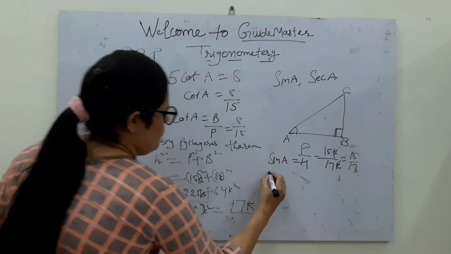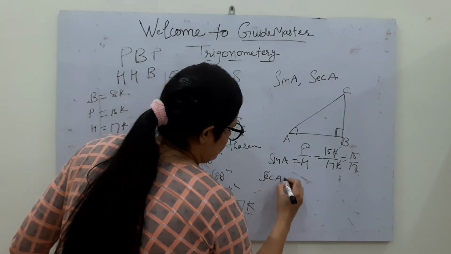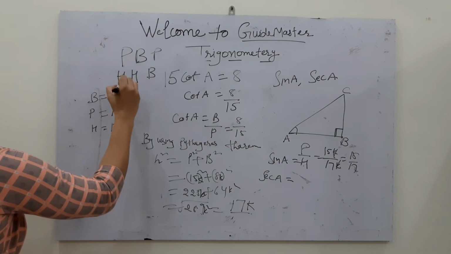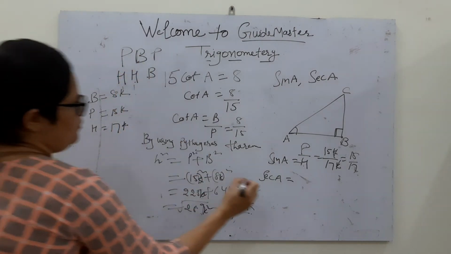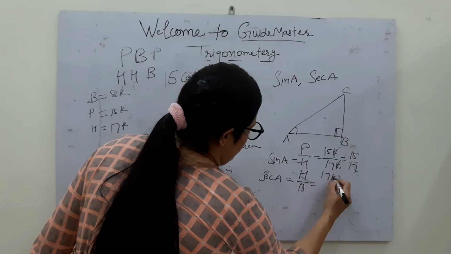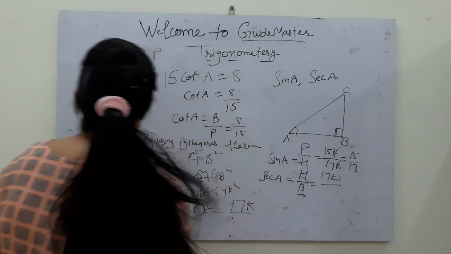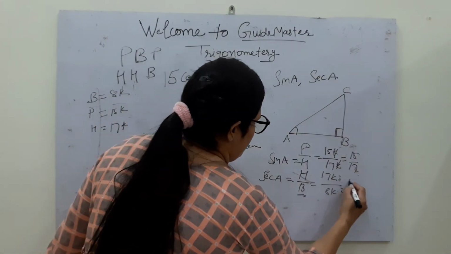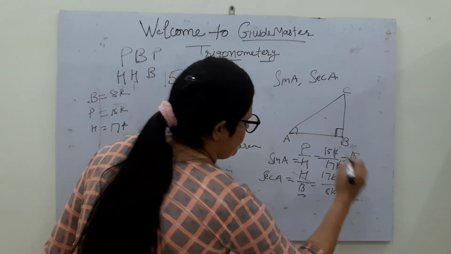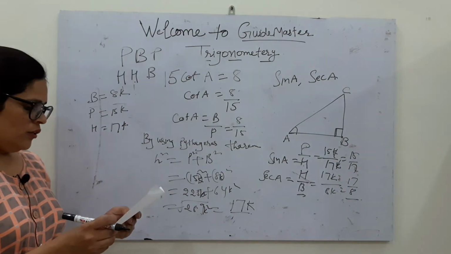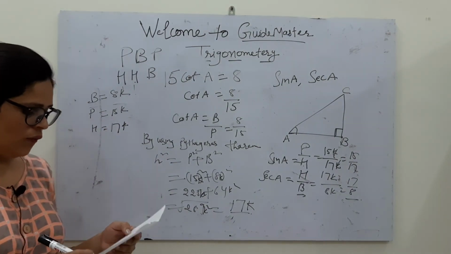Then secant A is the reciprocal of cos A, so it is H upon B. Here H is 17K and B is the base, that is 8K. It becomes 17 by 8.